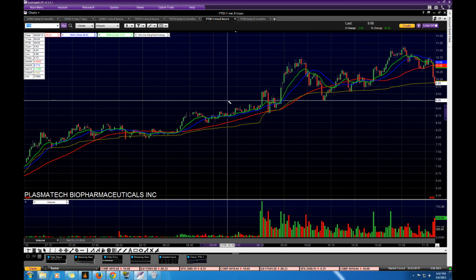You have to be pretty quick, or you have to use limit orders, and that's exactly what I do. I have my limit orders placed before the stock even breaks out. And then if I can define my projected profit targets, I have those levels set in place and those orders set in place before the targets are even reached.